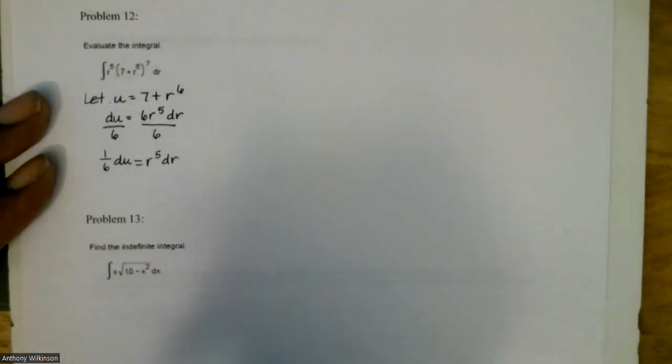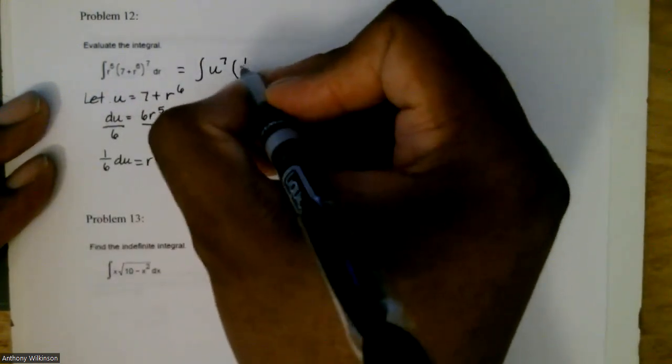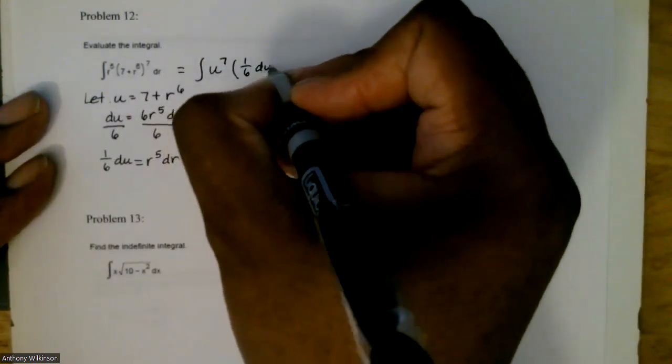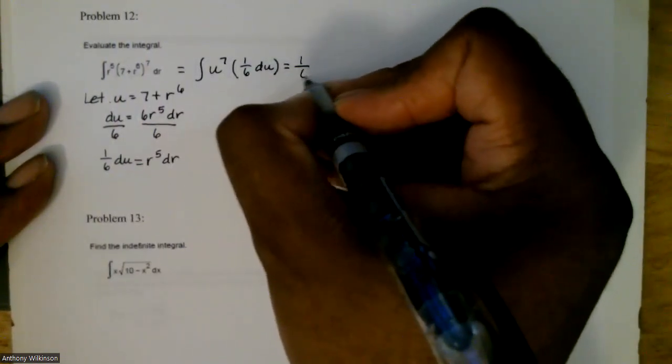Then we use our substitution here. That 7 plus r to the 6, that's your u, so it'll be u raised to the 7th. r to the 5th dr is 1/6 du. And that 1/6 is a constant, so I can pull the 1/6 out in front.